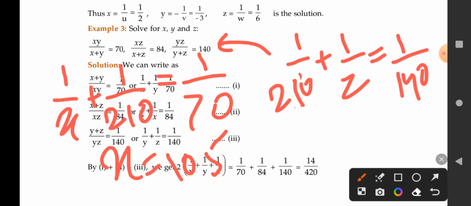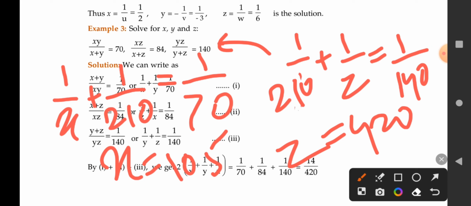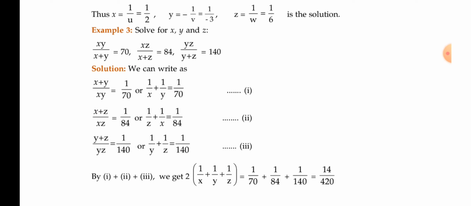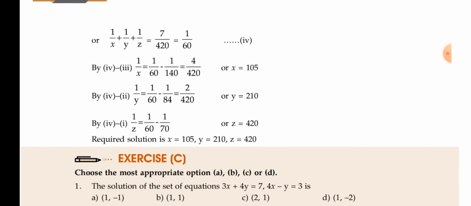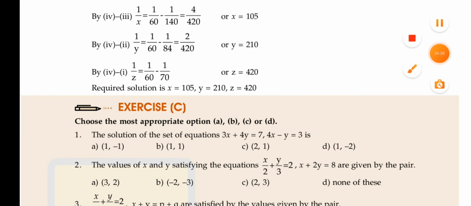On your calculator, 1 divided by 140 memory plus 1 divided by 210 memory minus memory recall divide equals to. So z is equals to 420. So 105, 210 and 420. Correct.